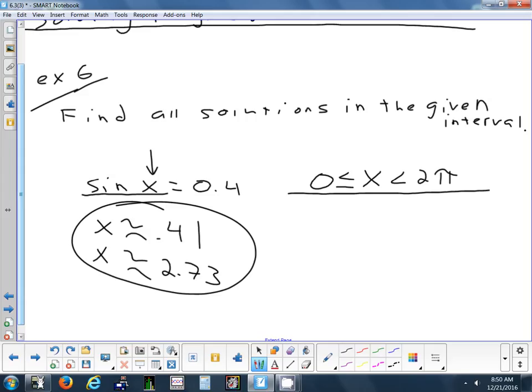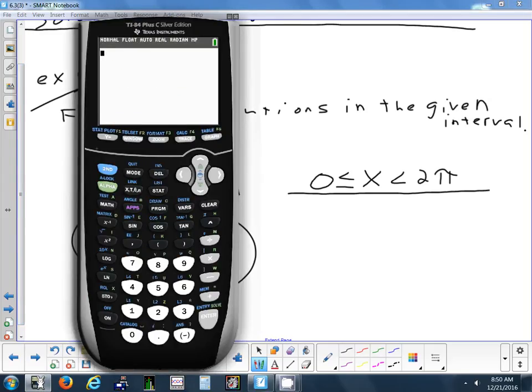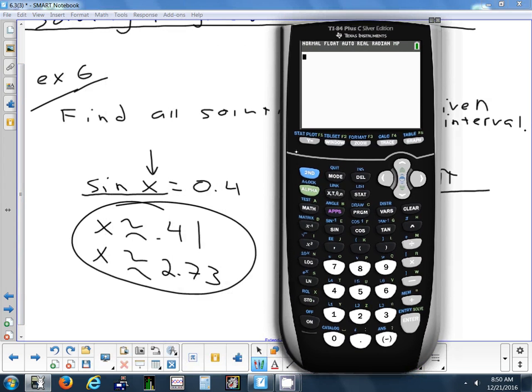Now, if somebody gave me this problem, and they just gave me a regular calculator, and we had a race, who could do it faster? I could do it faster on a regular calculator than you could graphing it. No question. It's a lot easier to type in the way I can show you here. All I have to do is second inverse sine 0.4.